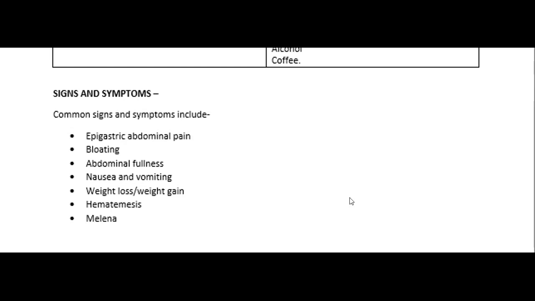And what are the warning signs and symptoms?